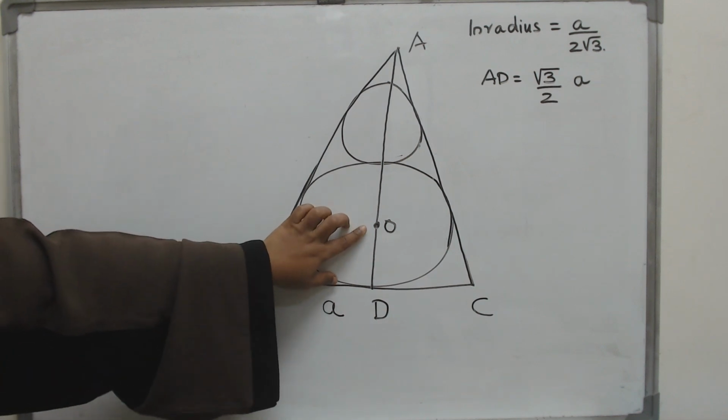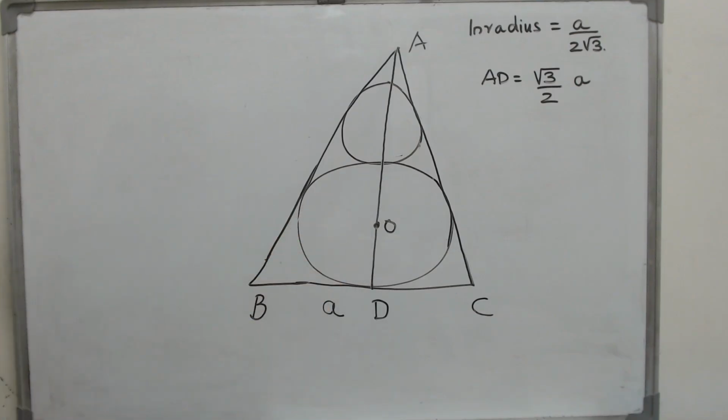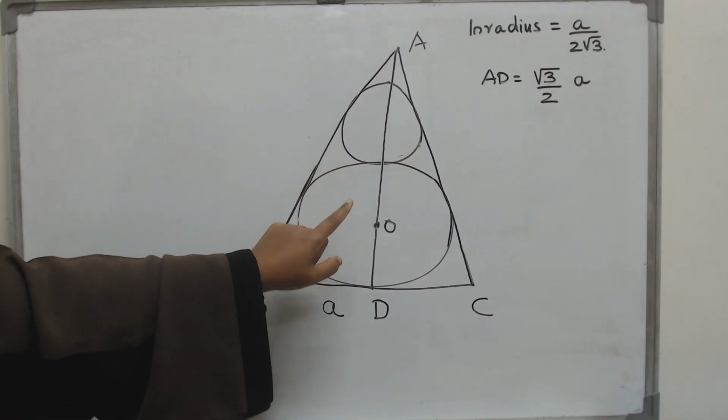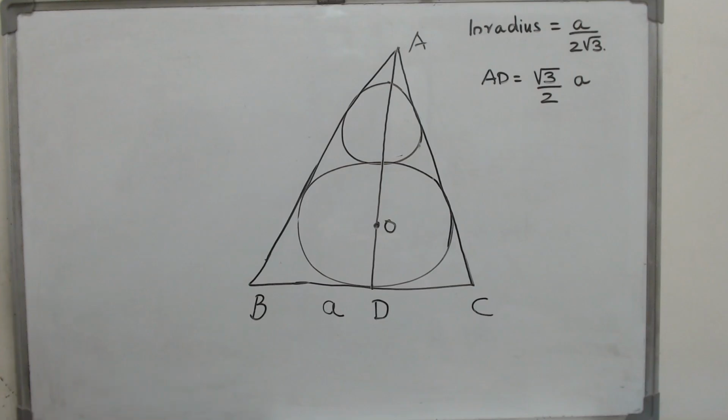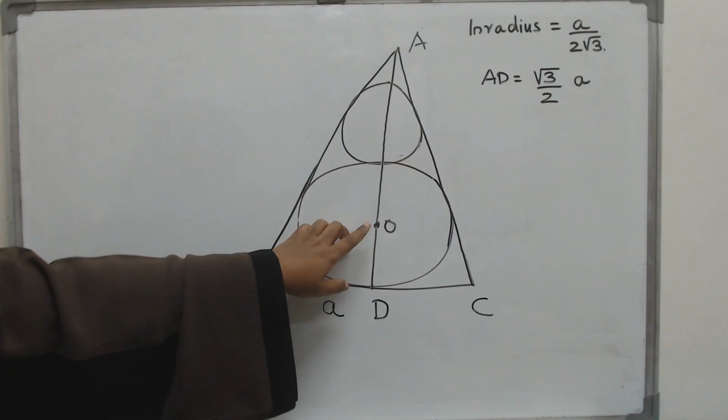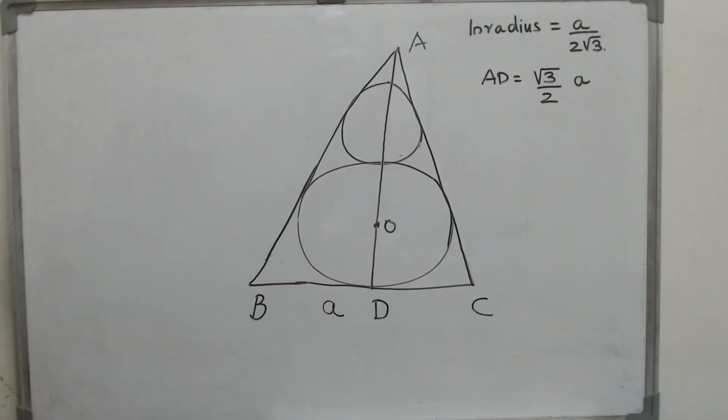If you know, the incenter is the point of intersection of all the angle bisectors, not the altitudes. The point where all the altitudes meet is the orthocenter. But then why have we drawn it like this? Because what we have here is a symmetric figure.